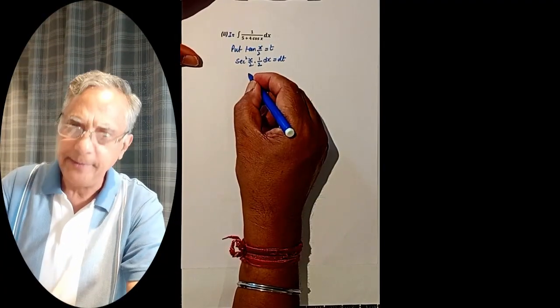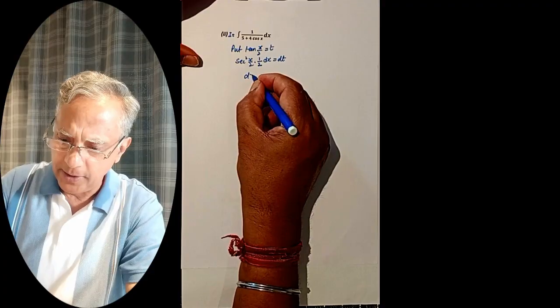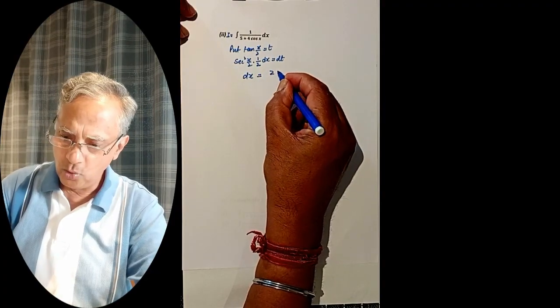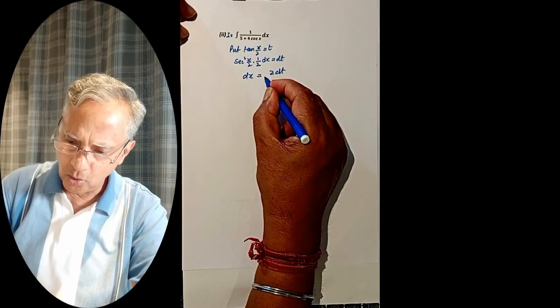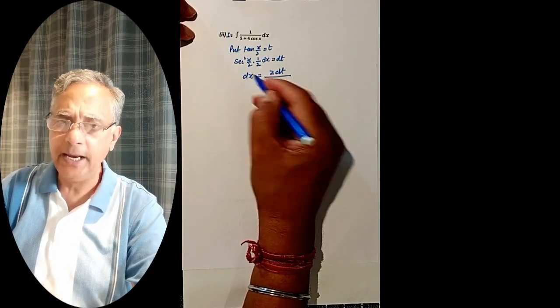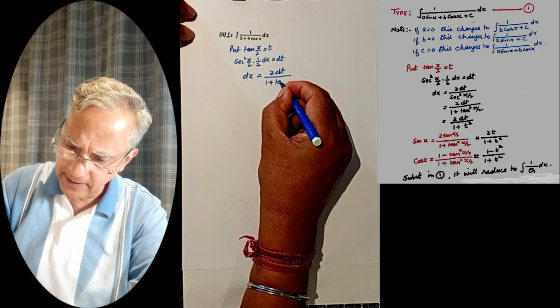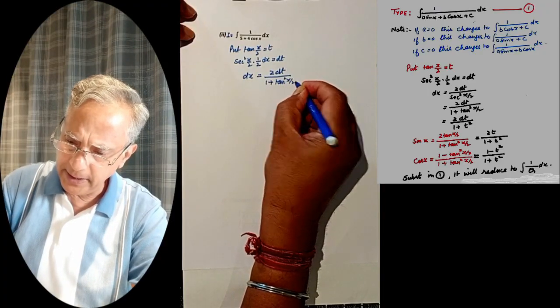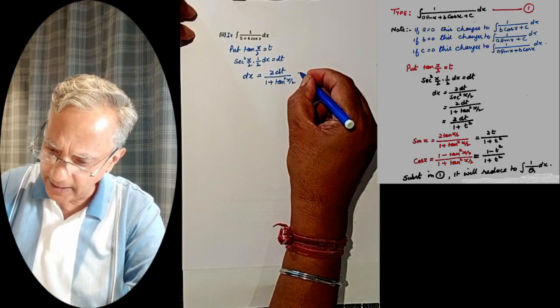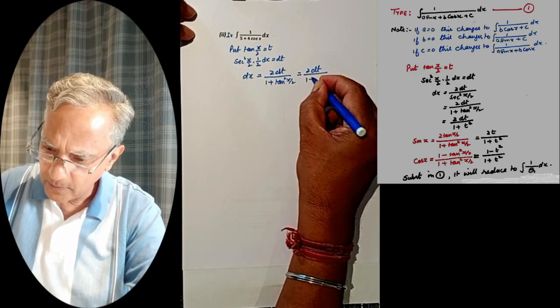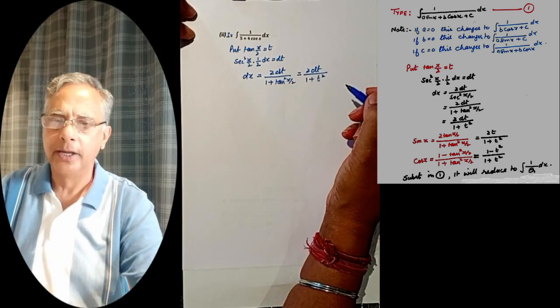And we can write this as dx is equal to 2 dt whole divided by secant square x by 2. But secant square x by 2 is 1 plus tan square x by 2. Therefore, we can write this as 2 dt over 1 plus t square.